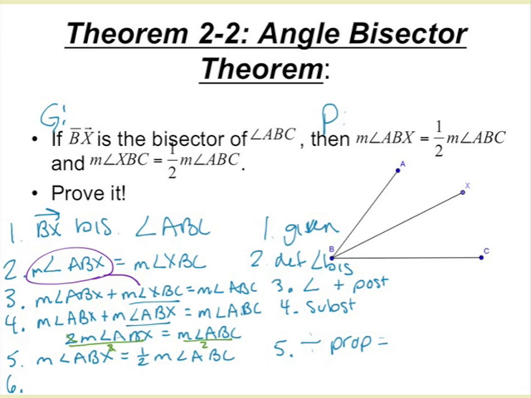But since ABX and XBC are actually equal to each other, I can take this and swap it out for the other thing we're looking for, XBC. So that gets me, my measure of XBC is 1/2 the measure of ABC. Since it was swapping something out, that's our substitution property.